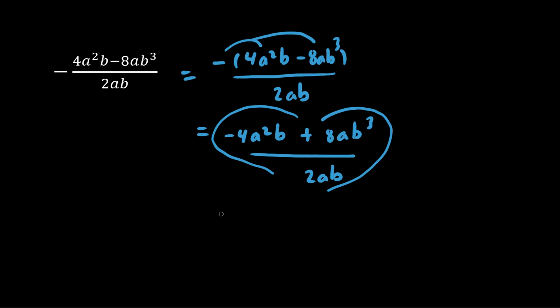This term divided by this term is negative 2a squared divided by a is just a, and the b's cancel out. As for this divided by this, we have positive 8 divided by 2 is positive 4. The a's cancel out, and we have b cubed divided by b is b squared. So this here is our simplified answer.